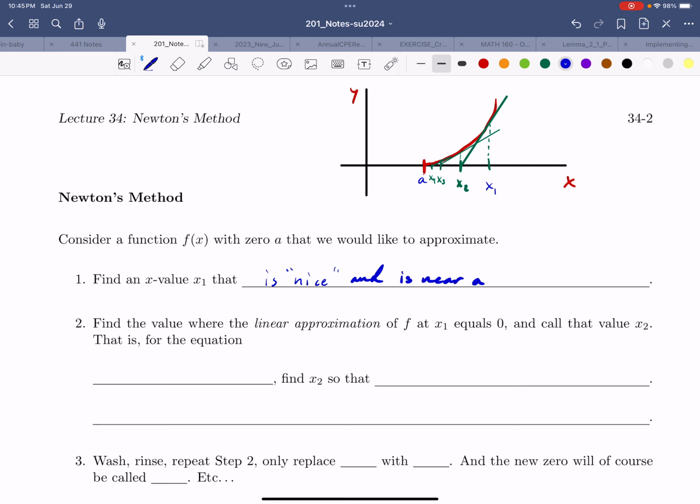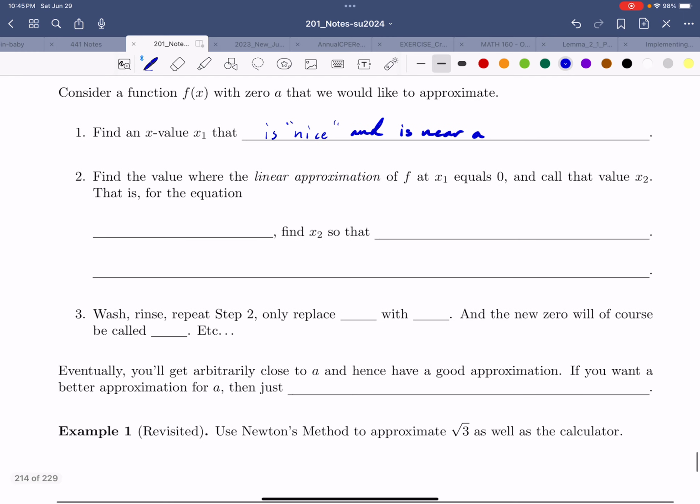Okay? We want to find the value where the linear approximation of f at x1 equals 0. We'll call it x2. In other words, for the function, really, for the linearization, L of x equals f of x1 plus f prime of x1 times x minus x1, right?